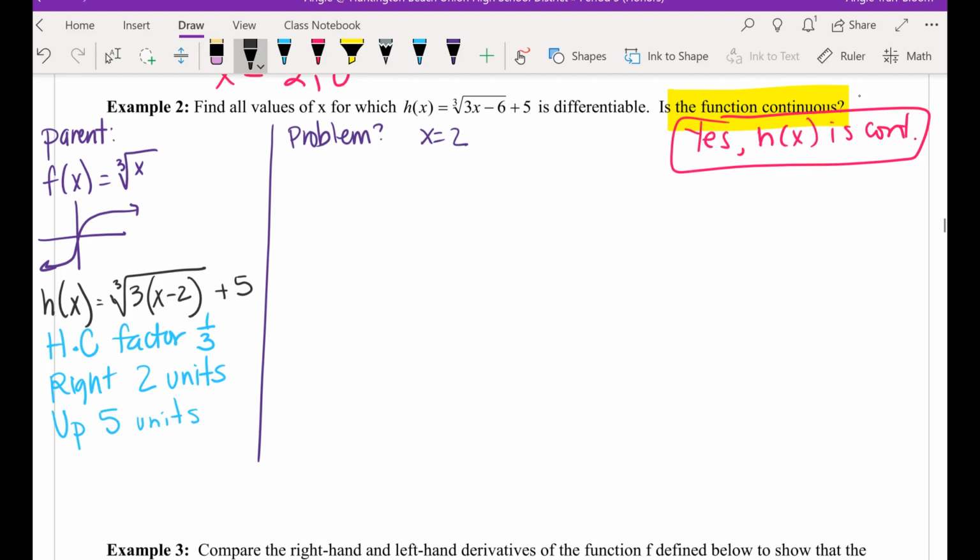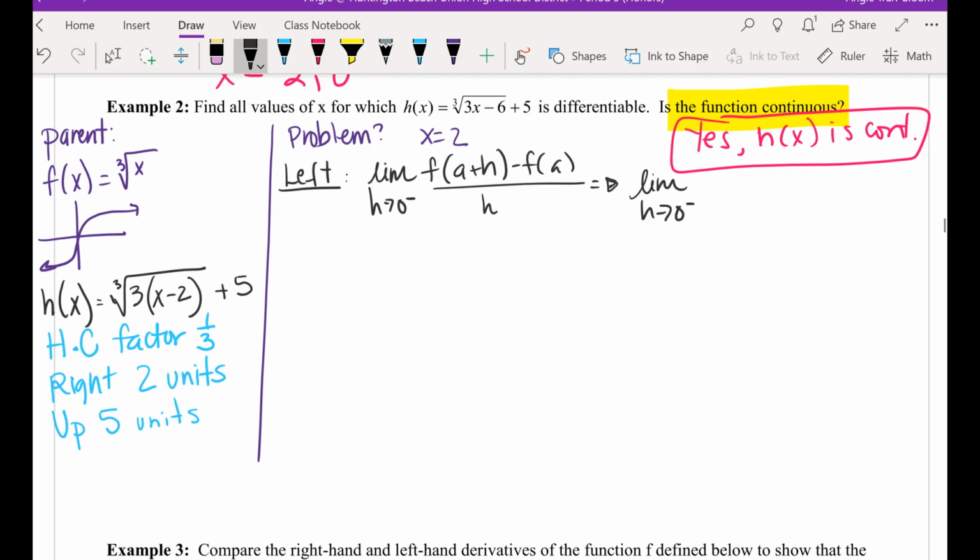Let's start with what side? Left. Limit as h approaches 0 from the left. Formula says f of a plus h minus f of a, all divided by h. What's your a value? 2.